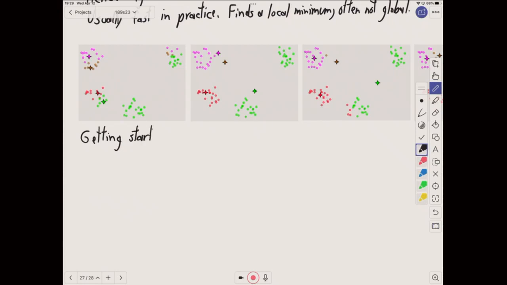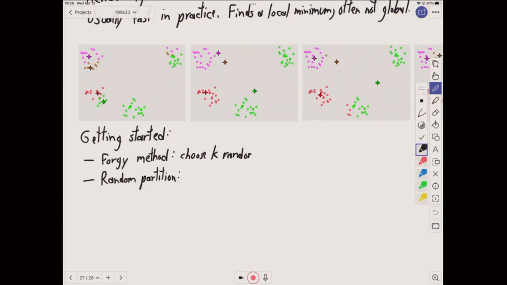All right, I told you the algorithm, but I didn't actually tell you how to initialize it yet. And that's because there are several different possibilities. The 2 best known are called the Forgy method and the random partition method. In the Forgy method, we just start by choosing k random sample points from our input and say, okay, those are the initial cluster centers.